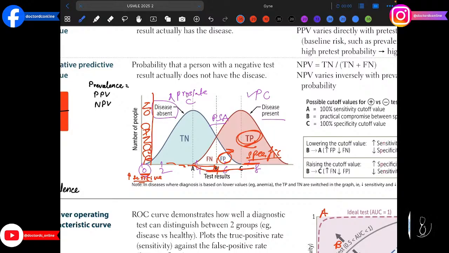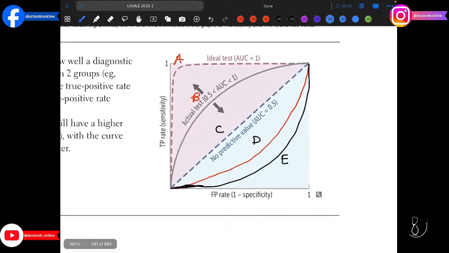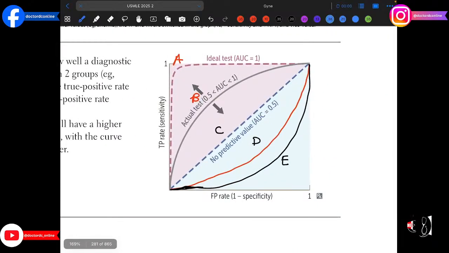Another way boards like to test this concept is by showing you an operator curve like this one. Here, the y-axis will be sensitivity and the x-axis will be 1 minus specificity. So with that in mind, which curve on the graph represents the most sensitive and specific diagnostic test?